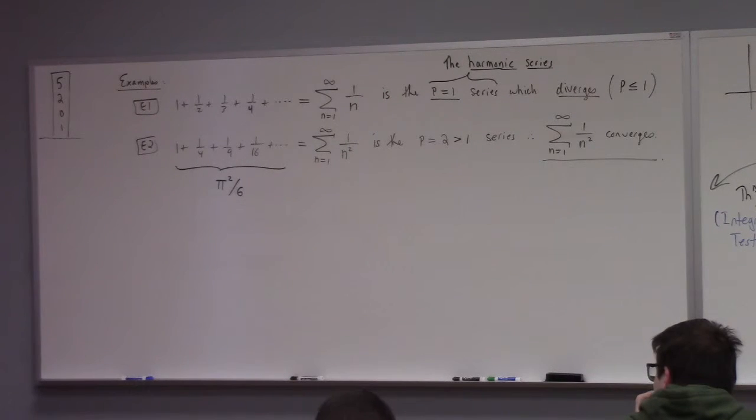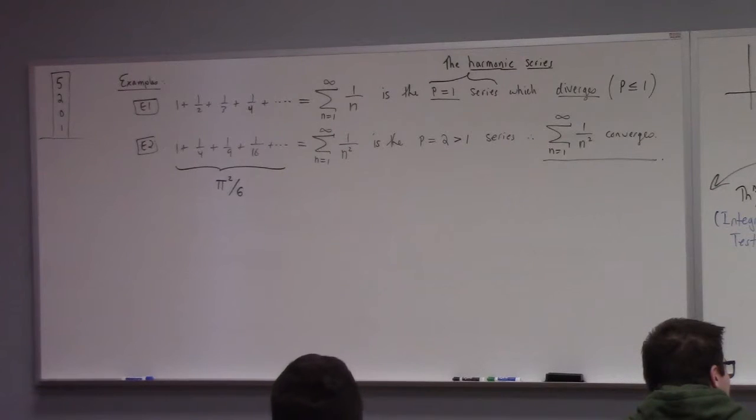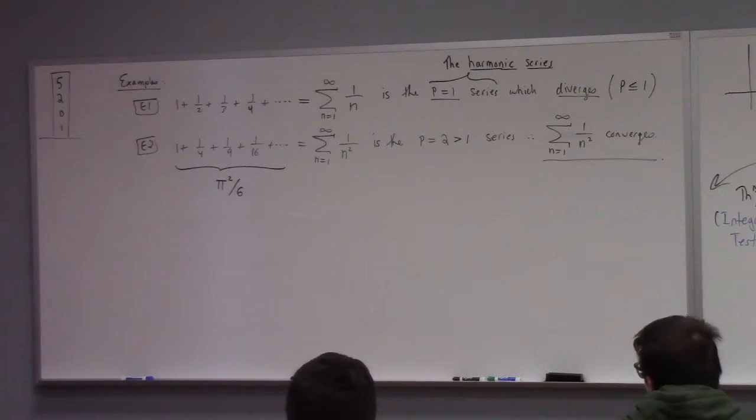So anyway, deciding the convergence or divergence of the series is relatively simple. If the terms are going to 0 as slow as or more slowly than 1 over n, that's not going to 0 fast enough to make the series converge.